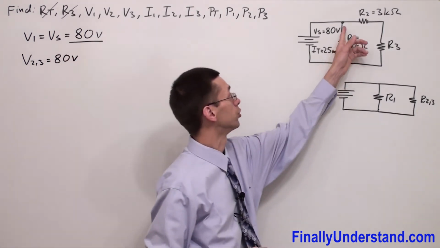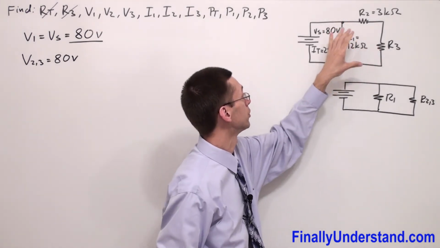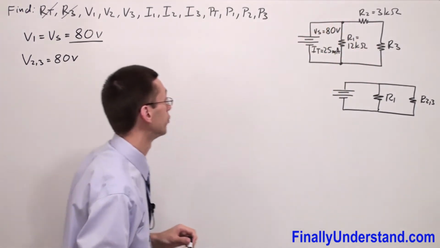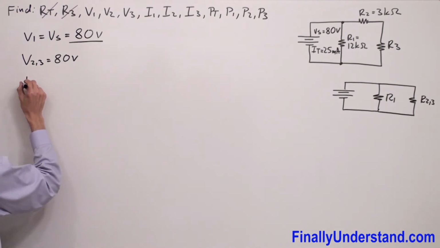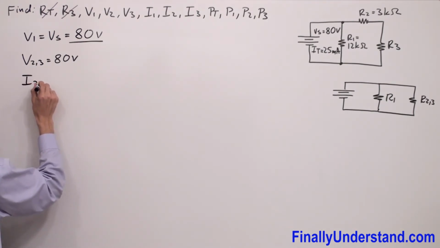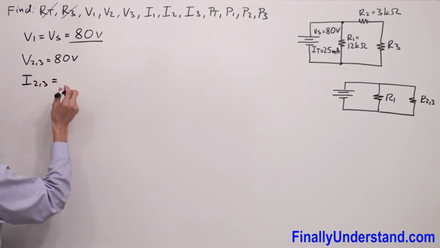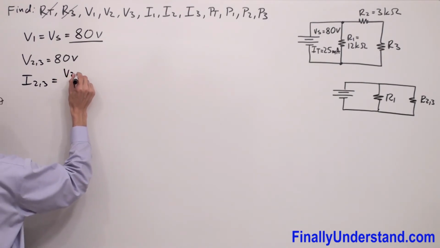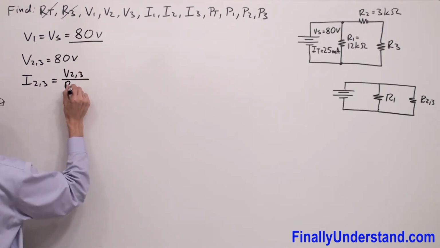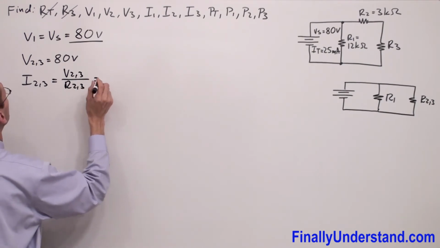Voltage across these two resistors together is equal to 80 volts. So if you want to find the current I23, you're supposed to simply divide V23 by R23.